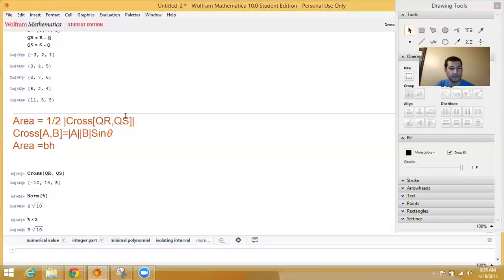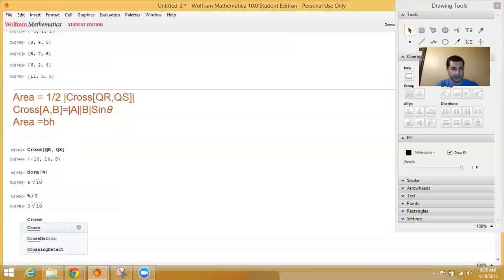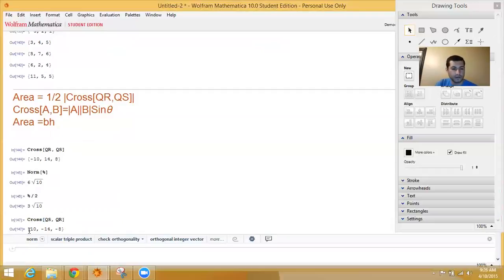Now again, if you notice in our formula, we're using absolute value bars because the cross product is not commutative. So what happens if we do the cross product of the reverse, QS and QR? The vector has the same value, but notice the signs are opposite.